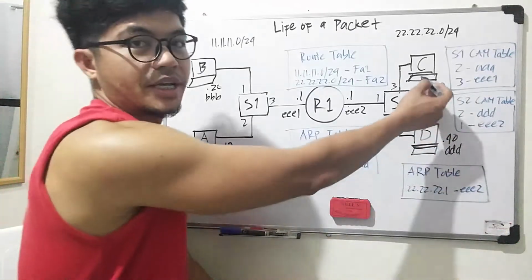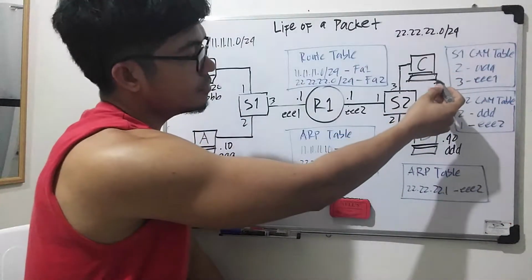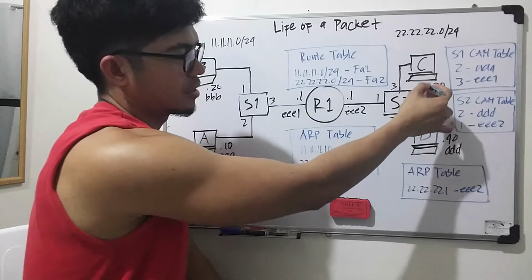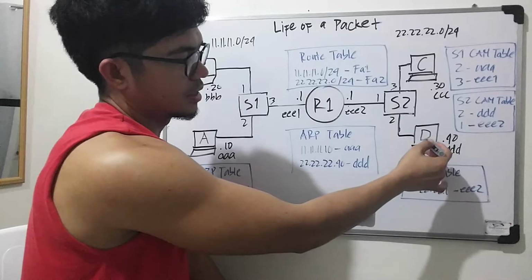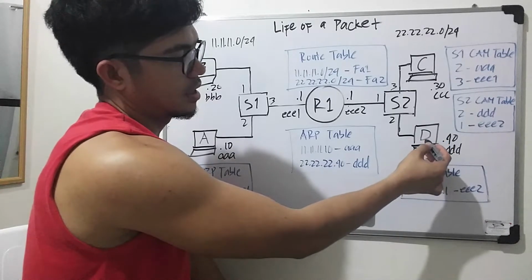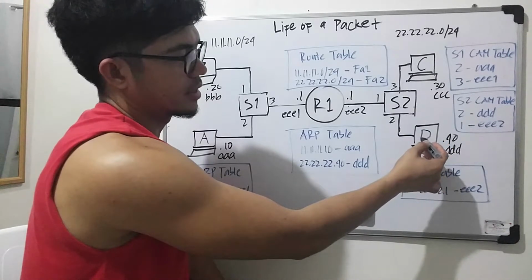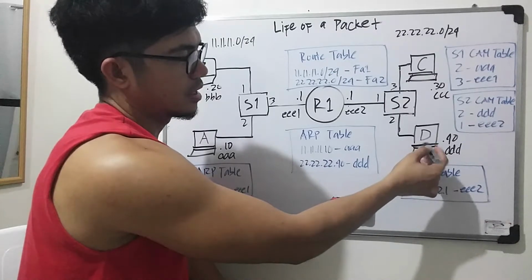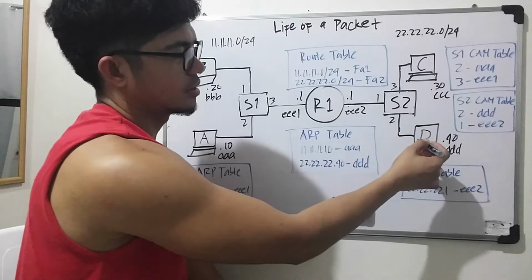So host A is just going to discard the frame, but host D will know that the ARP is for him because of the IP address.